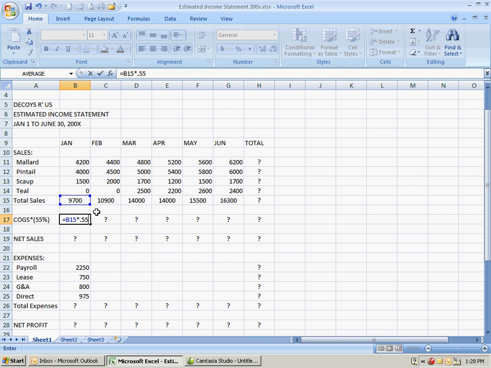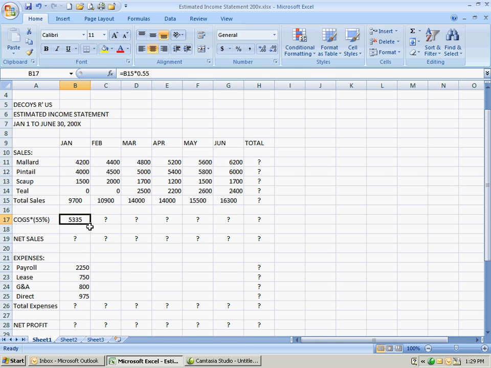When you've got that typed, you can either hit enter or save a step and go up to the little blue check mark, which used to be green on the 03 version. Click on it, and it gives you the results of the formula. Now notice up here by fx, which is where your formula bar is, the formula that you've done behind this particular exercise.